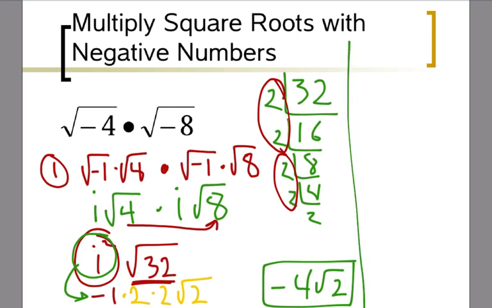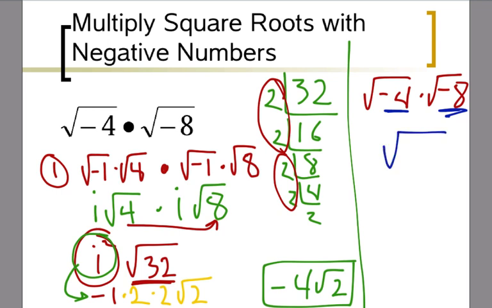But the other way to do it, that'll get you the wrong answer, that students do is they'll take the square root of negative 4 and they'll times it by the square root of negative 8, and they'll think, well, I can just multiply the negative 4 times the negative 8, because that's what I've been doing before, and so that would give me the square root of positive 32. I don't have any i's or negatives. What's wrong with Professor Tucker?